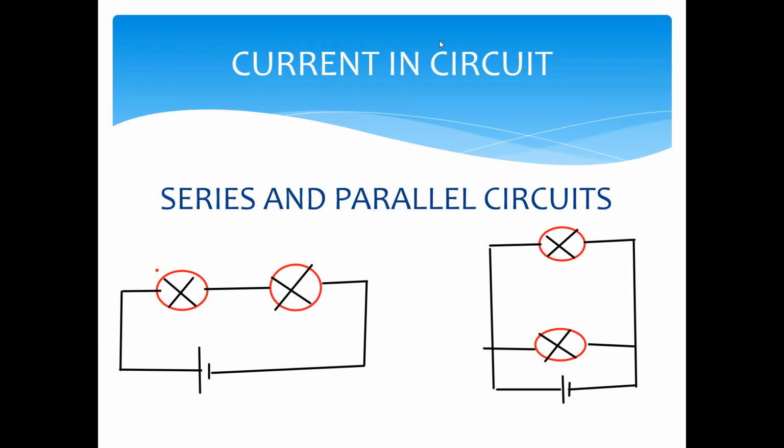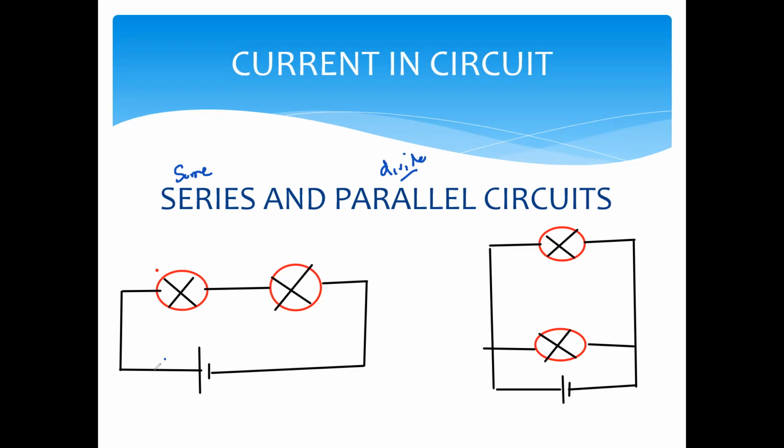So in a series circuit, the total current is the same through each component, whereas in a parallel circuit, the current divides between the components, and the division might be equal or unequal depending on the resistance of the two components.